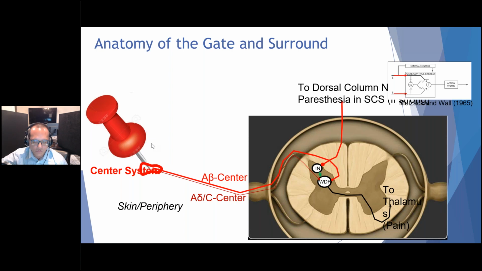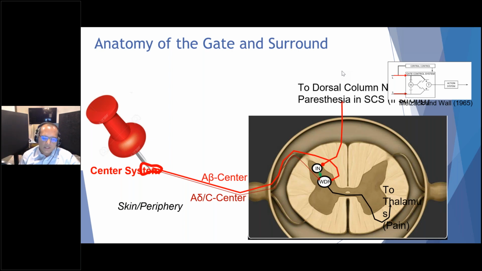Traditional gate control theory shows that if you stimulate the A beta fibers, it sends a signal to the interneurons and the wide dynamic range neurons, creating a paresthesia sensation and dampening the input on the wide dynamic range neurons, which then decreases the sensation of pain in the brain, the thalamus, and emotional centers.